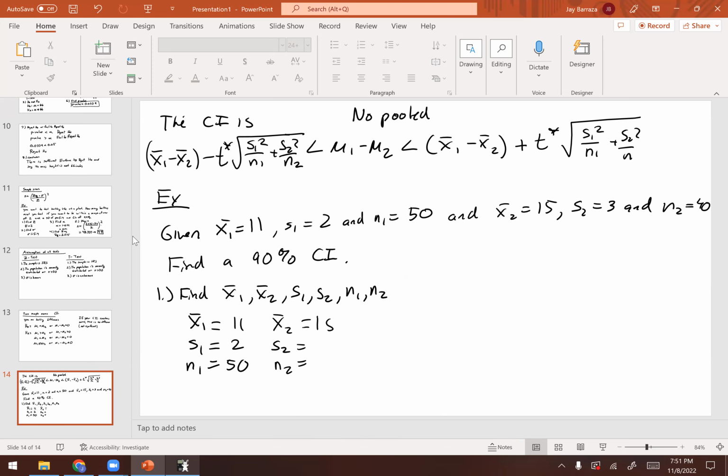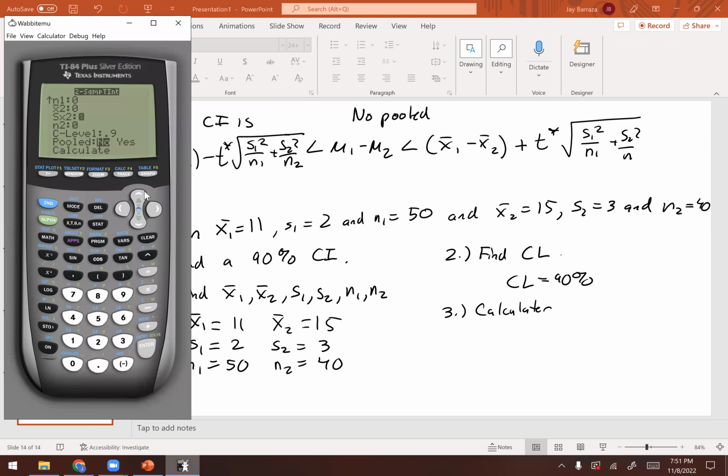Hopefully the interval's not too small. Step 2 is to find confidence level. So the confidence level is 90%. You don't need alpha because we write it as the confidence level. And then step 3 is Excel. Sorry, wrong class, calculator. In my other class we use Excel.